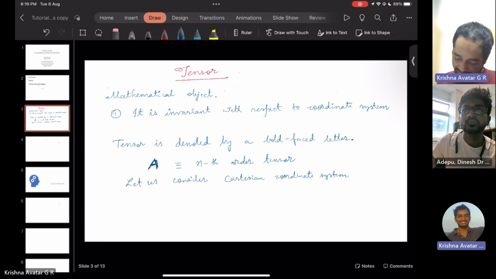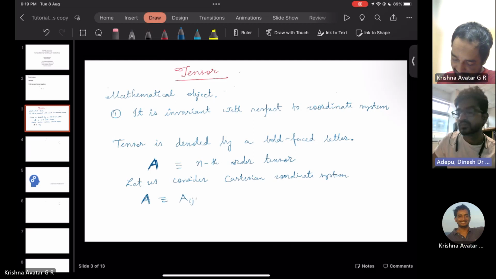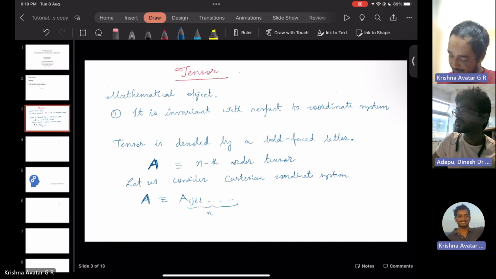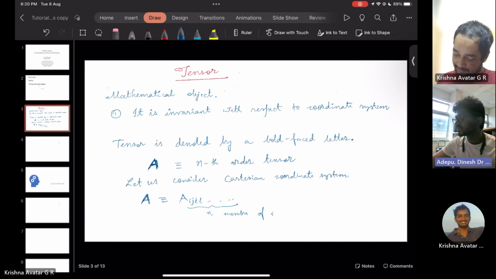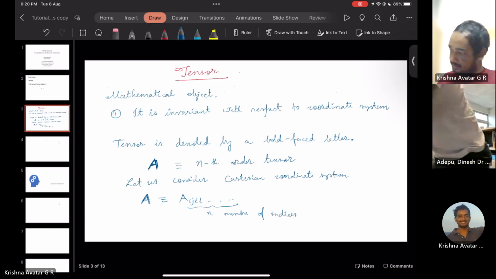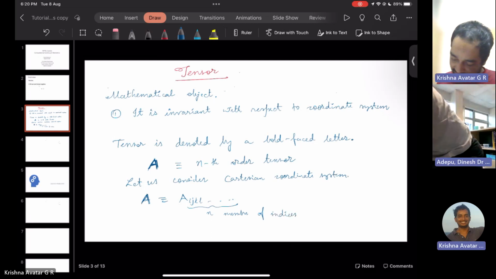In a Cartesian system, the components of this tensor A will be defined as A_ijkl and so on, up to n number of indices. This is the most general representation of a tensor.